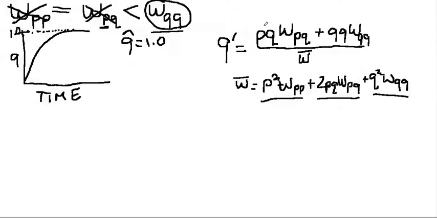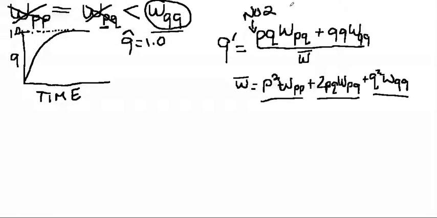The other thing to remember is that we don't put a 2 in front of our PQ here, because remember, when we look at the gametes which are produced by our heterozygous individuals, only 50% of those gametes will have a Q allele, and we don't care about the P alleles.